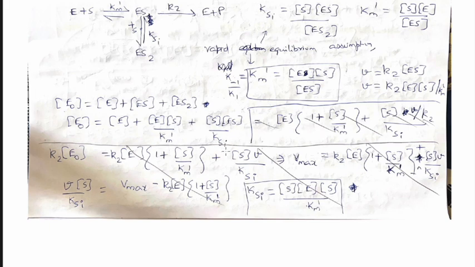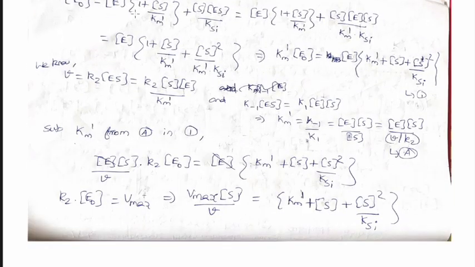KSI. And finally we write down the values, and here E into 1 plus S by Km dash plus S into ES by KSI. So S into ES by KSI, we write ES as E into S by Km dash. So E into 1 plus S by Km dash plus S into E into S by Km dash into KSI. So we take E commonly out.